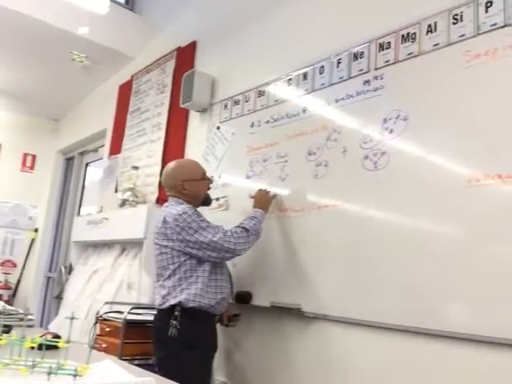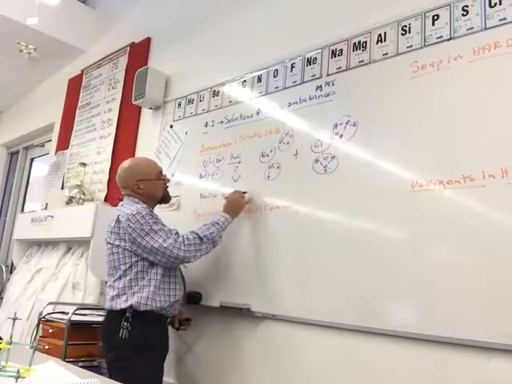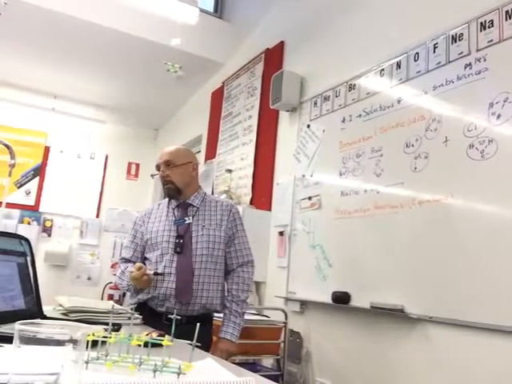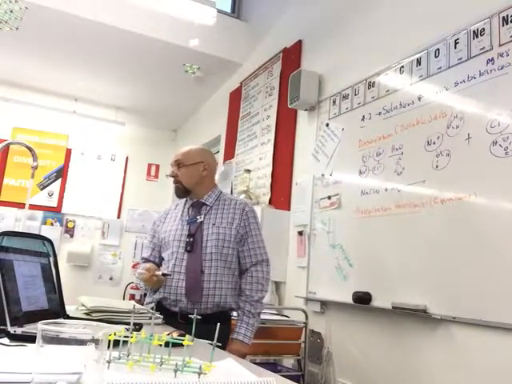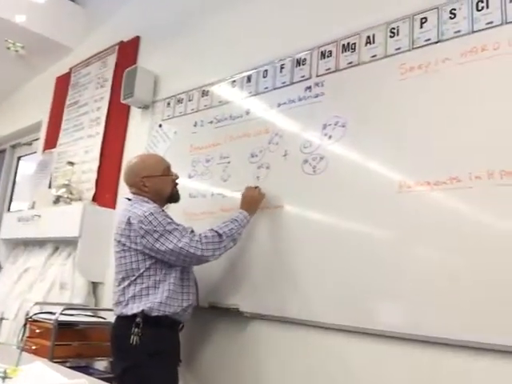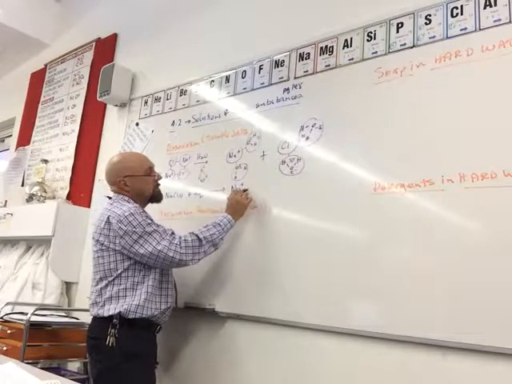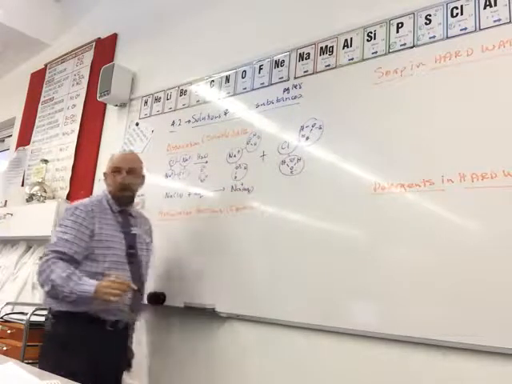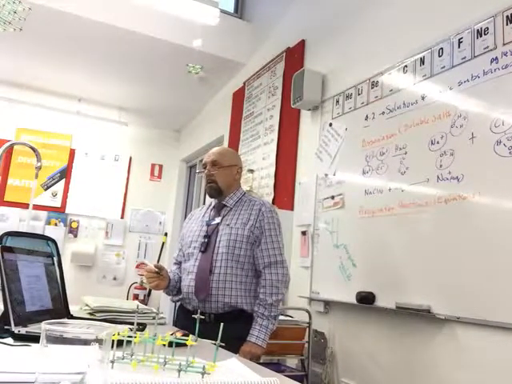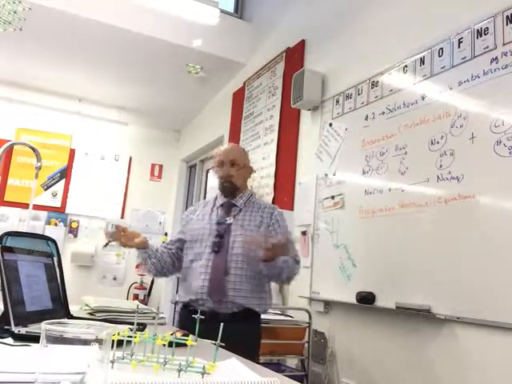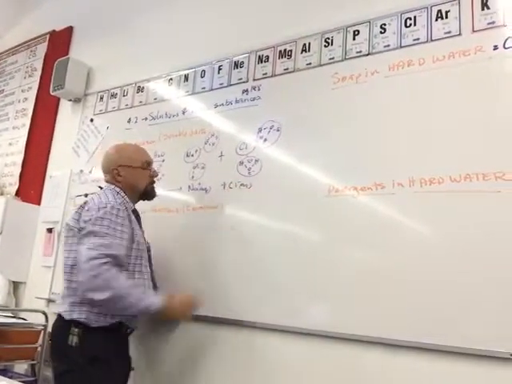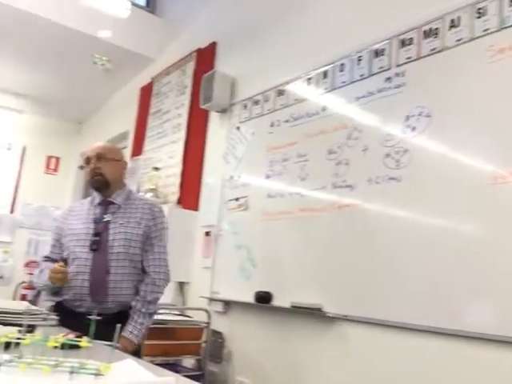So we now add AQ, and AQ is aqueous, which means water. So most of this we're actually adding water, and we end up with Na+ AQ, which means Na+ surrounded by water molecules plus Cl- AQ, which is chloride ions surrounded by water molecules.